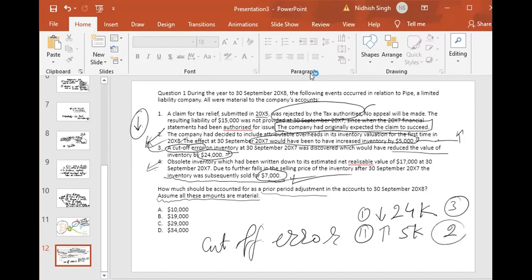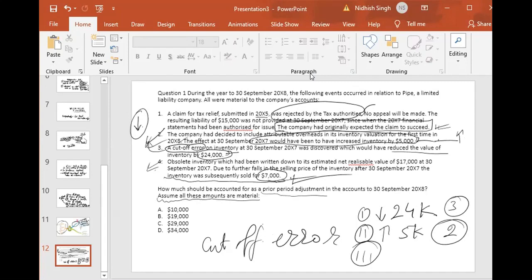Point number 2. Okay, let's go by 3. A claim of tax relief. See, the company is saying the company had originally expected the claim to succeed. The claim should have succeeded. So the company would have already assumed that it will succeed. But what has happened?